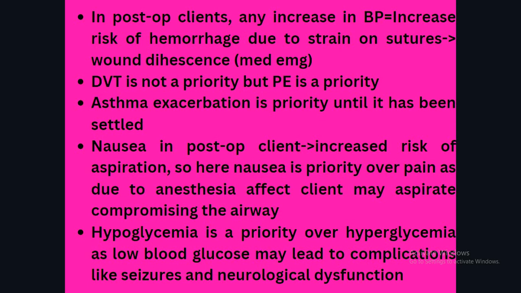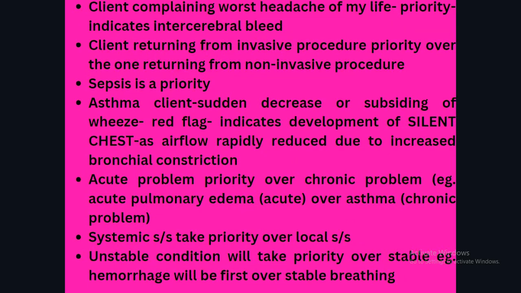There are chances that the patient will aspirate and compromise the airway. So this kind of patient becomes a priority. Hypoglycemia becomes a priority over hyperglycemia, as low glucose levels lead to seizures and neurological dysfunction, and this may cause more damage. So this becomes a priority.